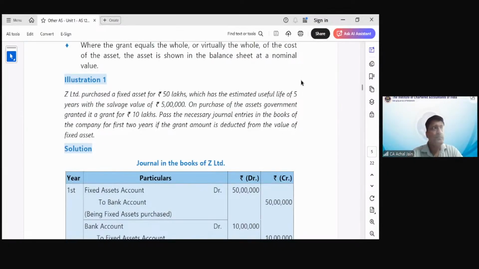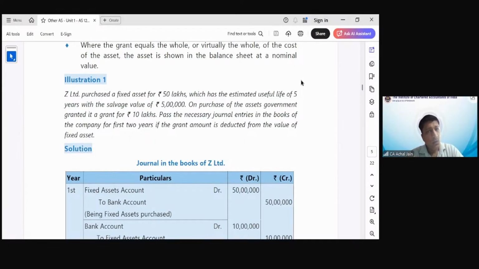That's one. In case of net basis, what should the company do? Reduce the value of the asset. Correct? Yes, sir. So if you argue that even in the net basis, the company should not reduce the value and should record deferred income, then will there be a difference between gross basis and net basis?